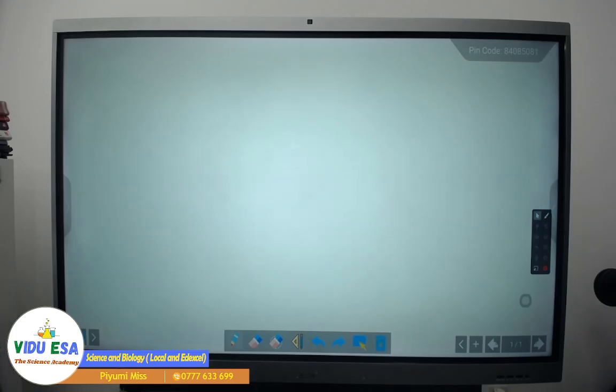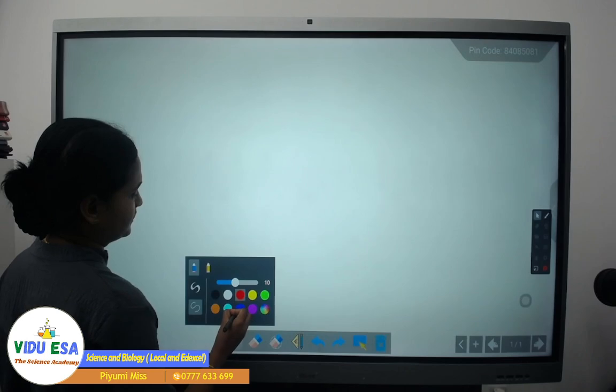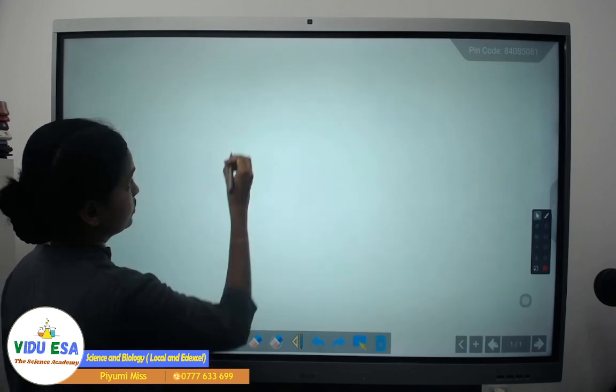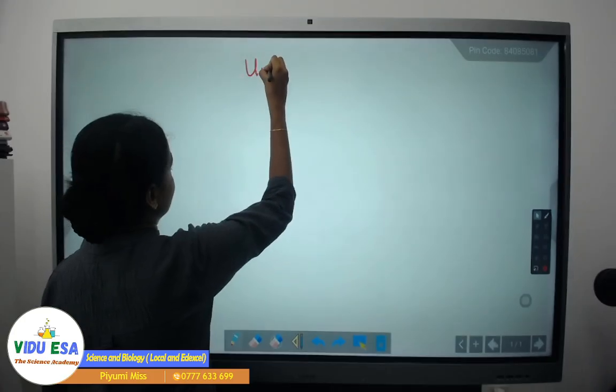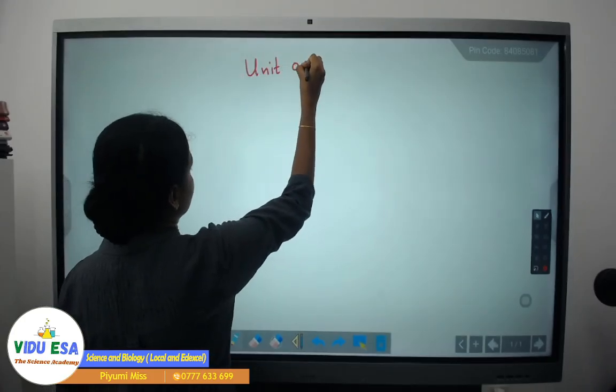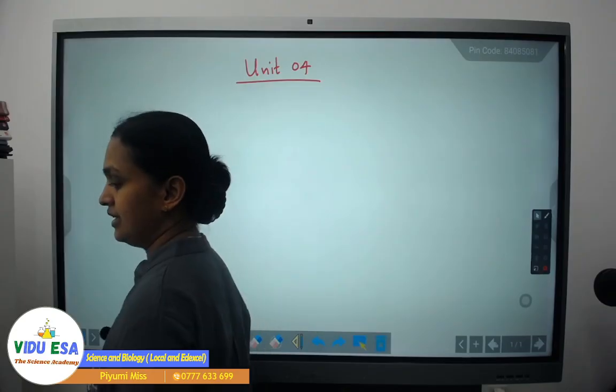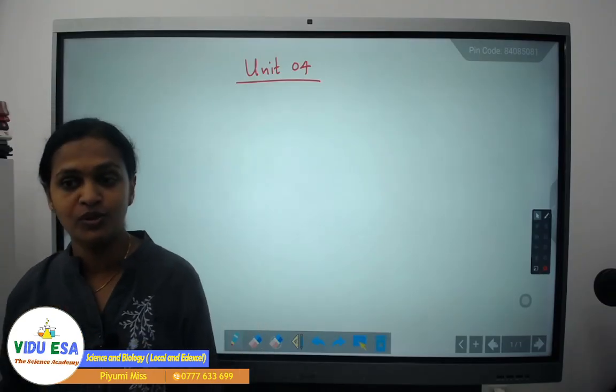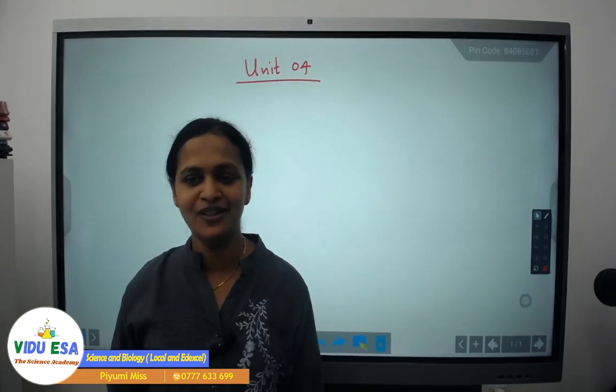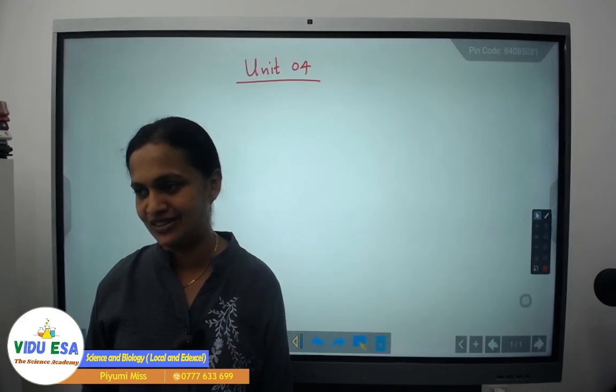So you can take a set of papers and write: Unit 4, Newton's laws of motion. You all have heard about Sir Isaac Newton, right?